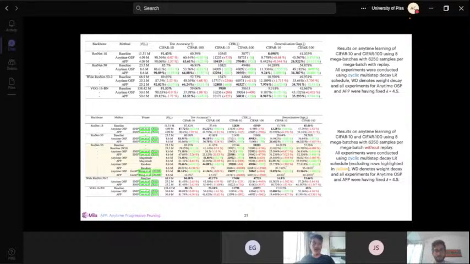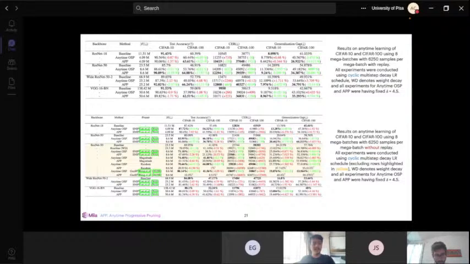The second table below the first one is the one where we do the exact same setting as above, but we do not use replay. So we do not concatenate the previous megabatch to the current megabatch at all, either for sampling or for training, except the rows which are denoted by yellow, which is actually a different setting than the above one, where we instead use the same decay schedule as the previous table, not the table in the same slide.